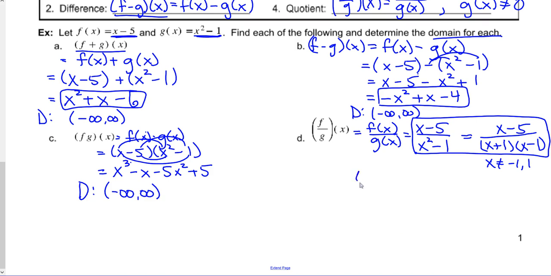So if we start at negative infinity and stop at negative 1, then I'm going to put parentheses around everything, union from negative 1 to the next number, which is positive 1, and then I'm going to keep going from 1 to infinity, and that's going to give me my interval notation domain for this function. Okay, so always look at the domain after the fact to make sure that you exclude any numbers that make that denominator 0. Okay, all right, very good.